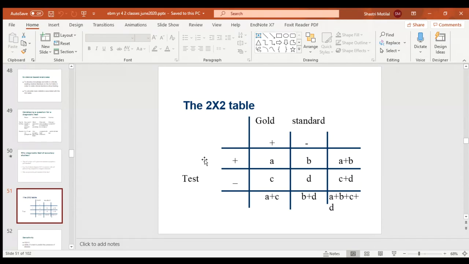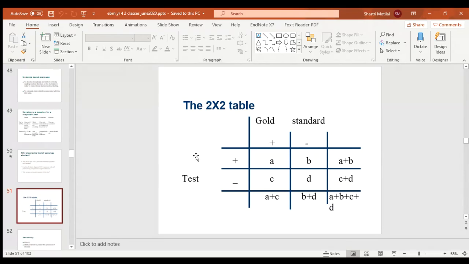There are 9 cells on this table, as you can see: A, B, A plus B, C, D, C plus D, and the rest below. When you do a diagnostic study, my first question is: which one of these 9 cells refers to everybody who has the disease, all the truly diseased people?